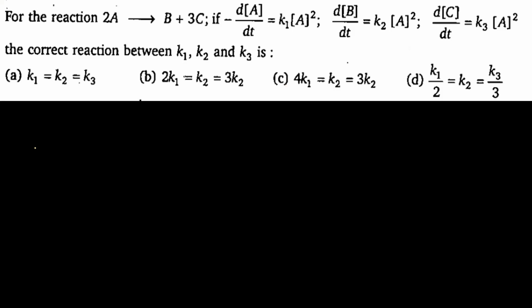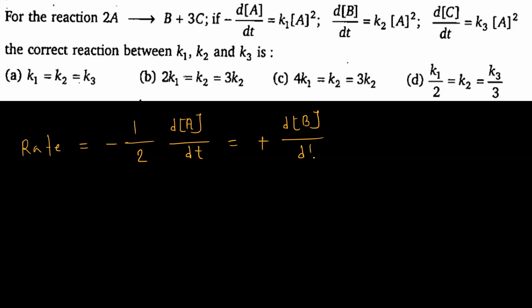So we can write rate expression for this reaction. Negative sign 1 by 2 dA upon dt is equal to plus dB upon dt is equal to plus 1 by 3 dC upon dt.